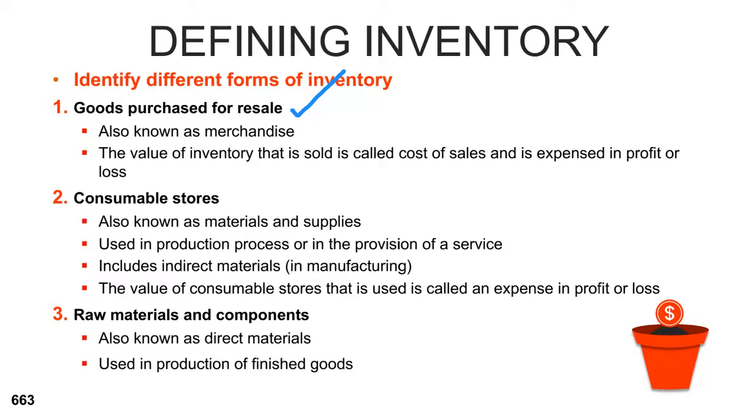Then consumable stores, as we said, are sometimes known as materials supplies. They can sometimes be known as packaging. And the key between a raw material and a consumable store is that the relationship to the final product is indirect, right?